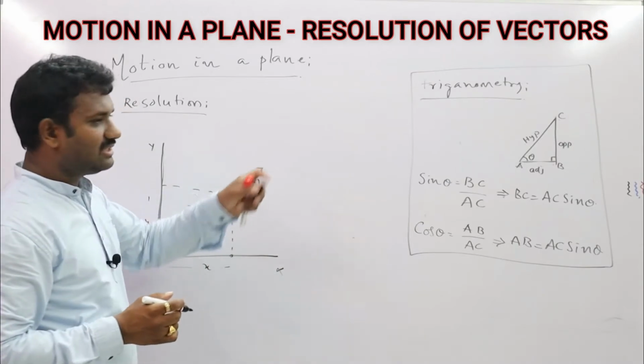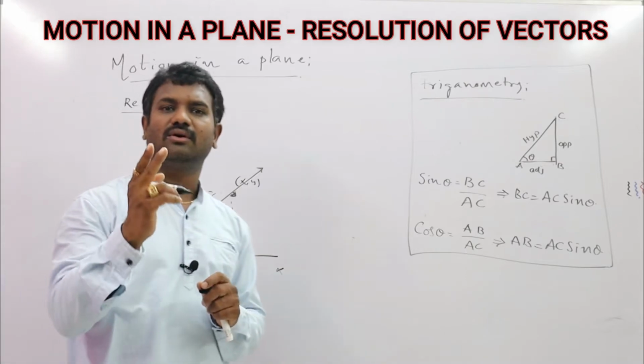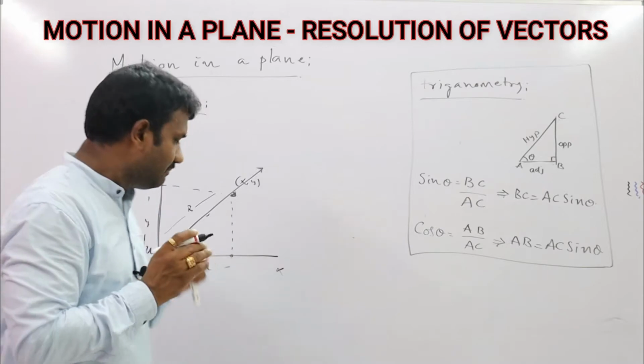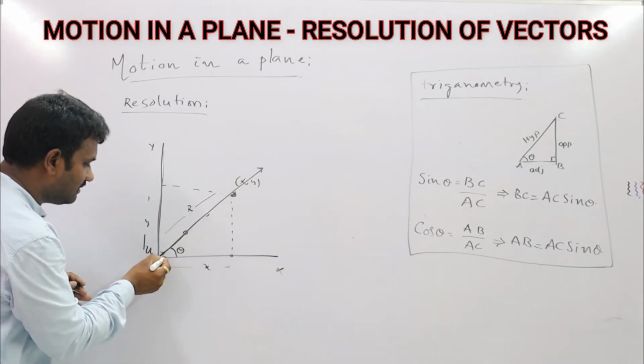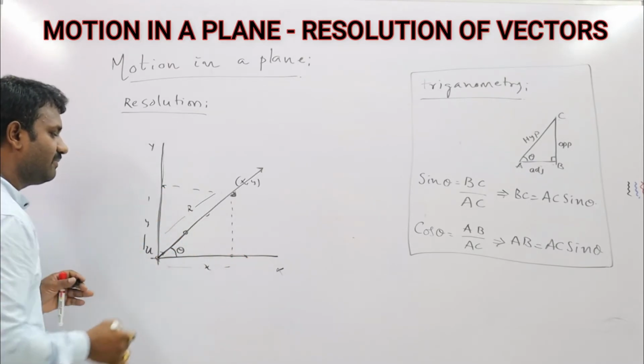This initial velocity can be resolved into two components, x component and y component, as its motion is along the x-axis and along the y-axis.